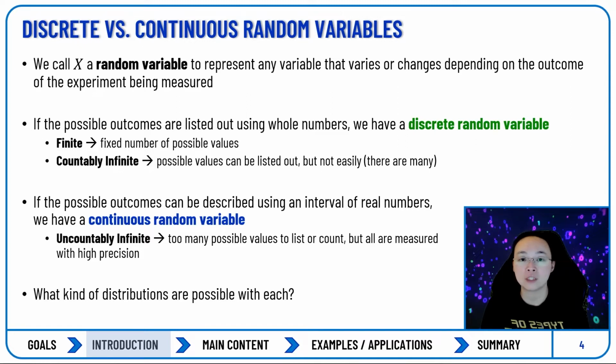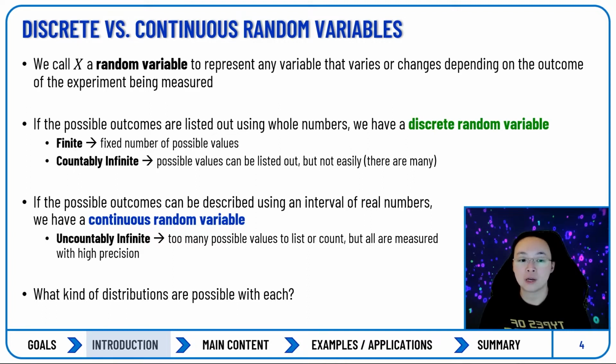Even though it's still whole numbers, you can have countably infinite discrete random variables, which means that your number ranges from 0 to something very, very large, and you just don't want to waste time listing them all out.